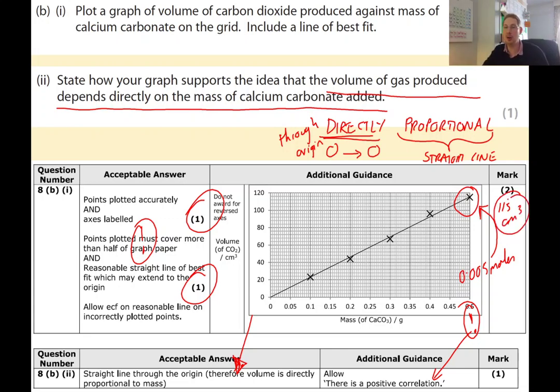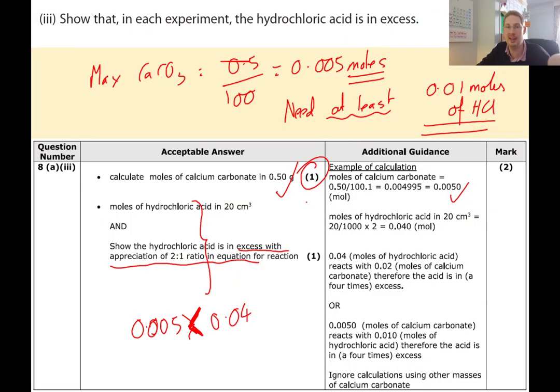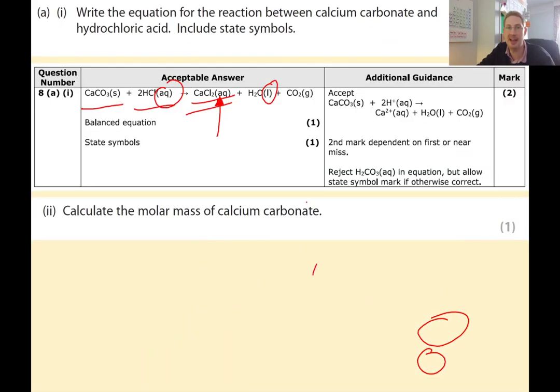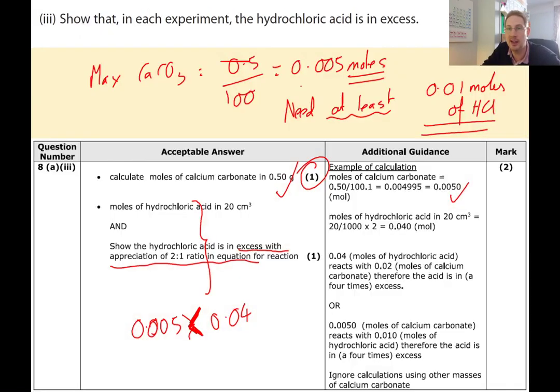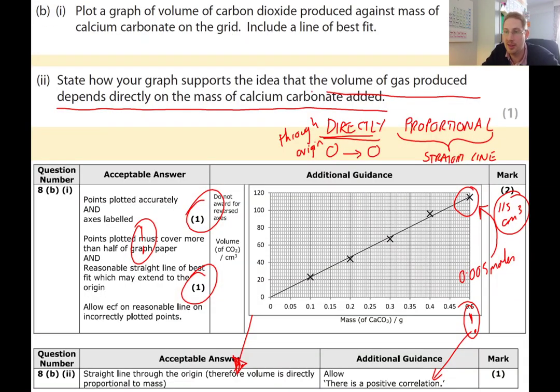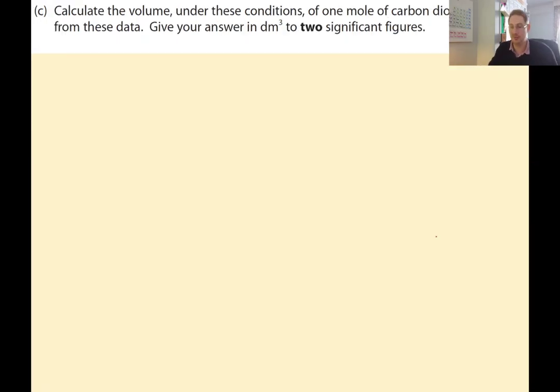So we know that that number of moles of calcium carbonate, which from the equation back here, calcium carbonate to carbon dioxide is a 1-to-1 ratio. So we know that 0.005 moles is not just of calcium carbonate, but is of carbon dioxide. And we are just asked for the molar volume.